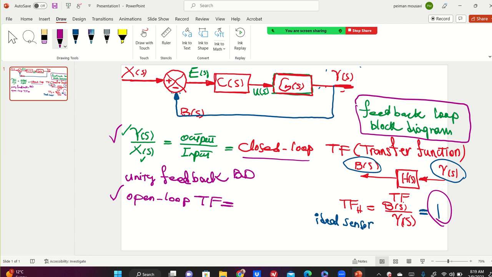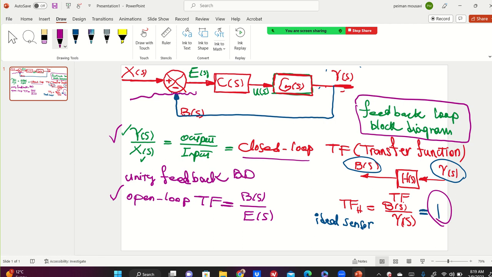If you want to make it open loop, you say, okay, I'm cutting the system from here. It's not being compared. So it is B of S over E of S. See? E comes to B, but we stop here. We're going to open it.